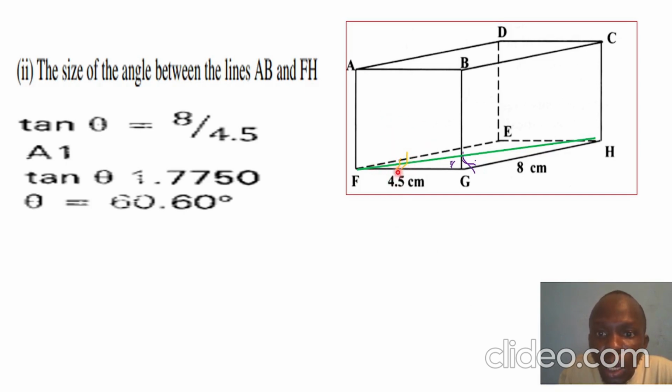So, like we have said, line AB is parallel to line FG. So we are going to treat AB as if we are treating FG. This is what we're going to use, FG, because AB does not lie in the same horizontal plane as FH.